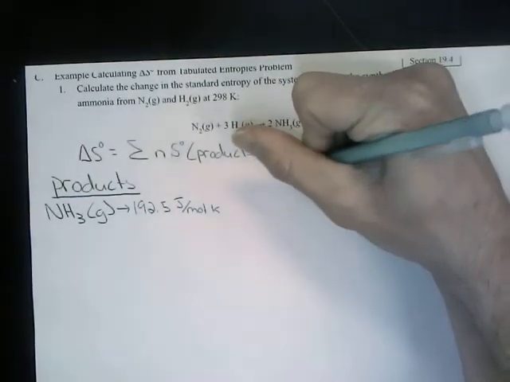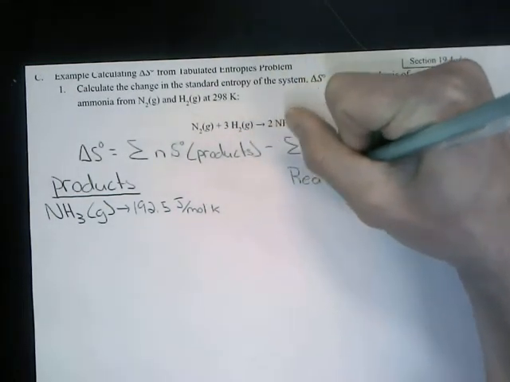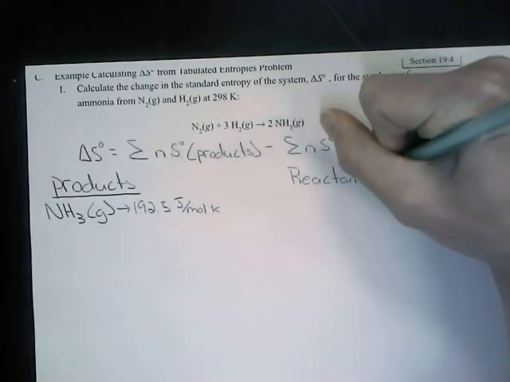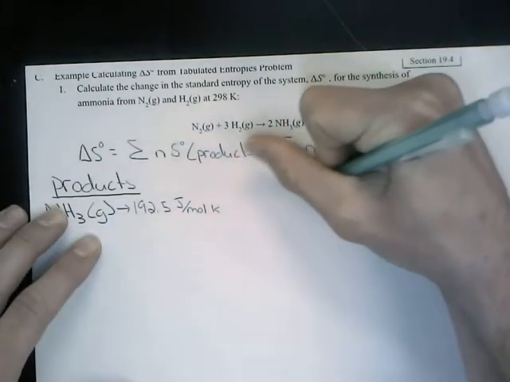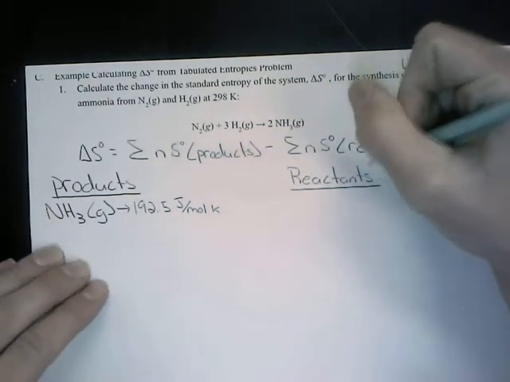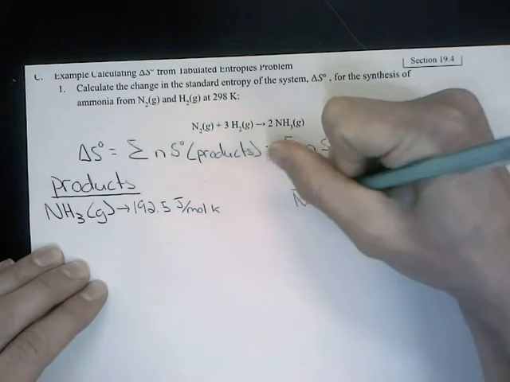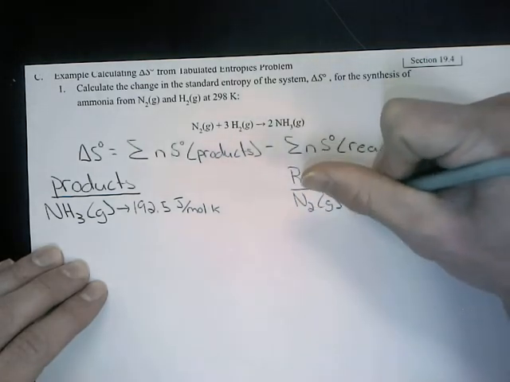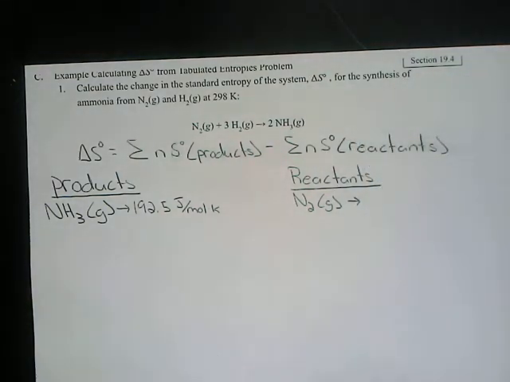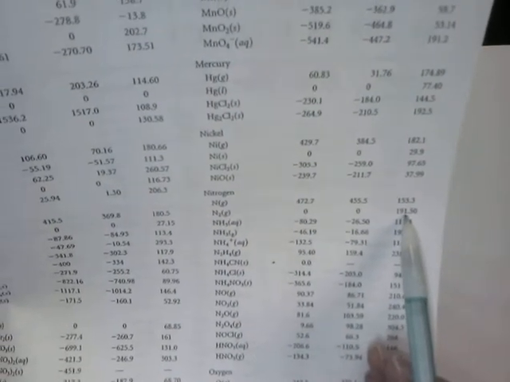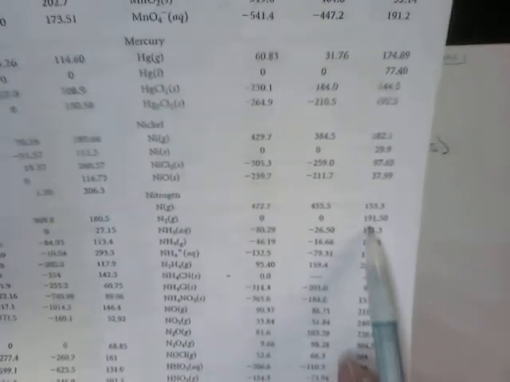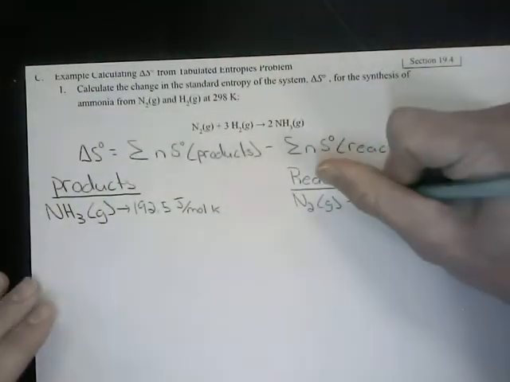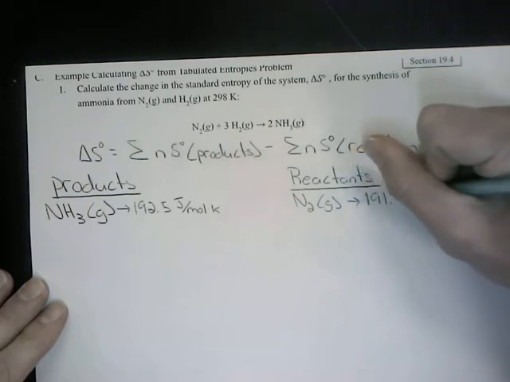Now, we're going to go over here to our reactants. And we do have two reactants that we need to worry about here. We have our N2 as a gas. We look this up, nitrogen as a gas, N2 as a gas. We scroll over, and it has a standard entropy, this last value, 191.50.